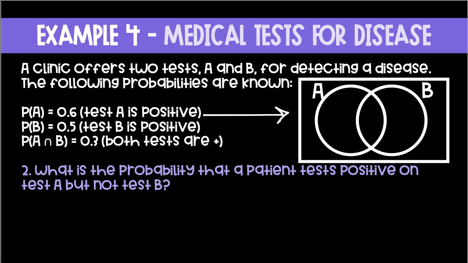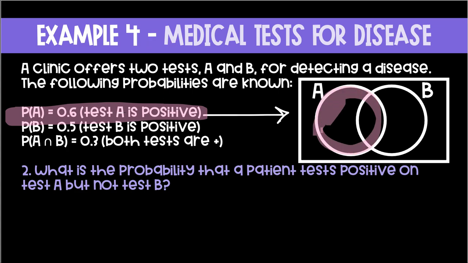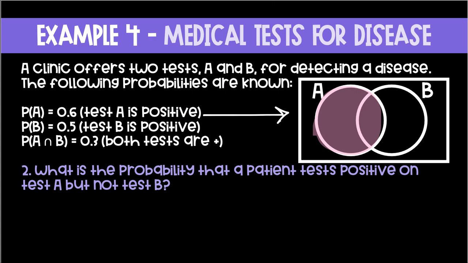What's the probability that a patient tests positive on test A but not test B? We do know the probability of testing positive in test A. It's 0.6, or 60%. The whole thing. But I want only test A, not test B, which means I'm looking for this portion right here only.